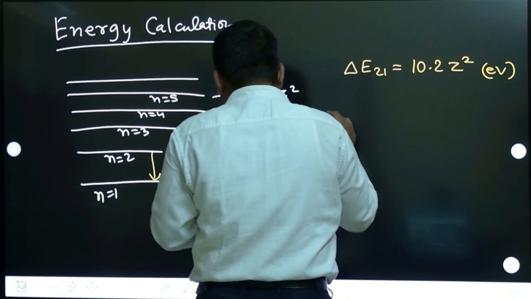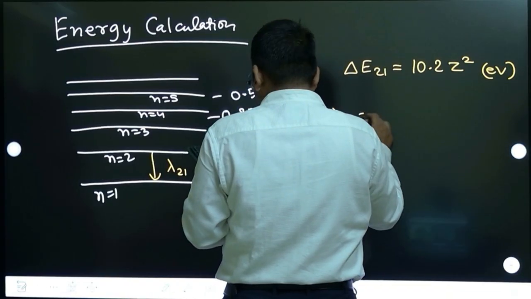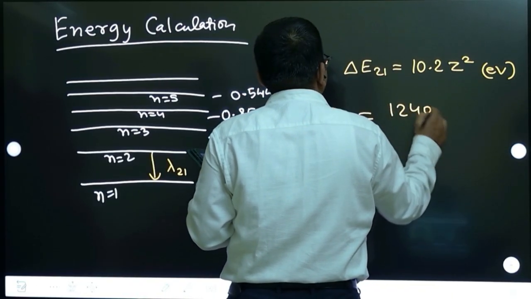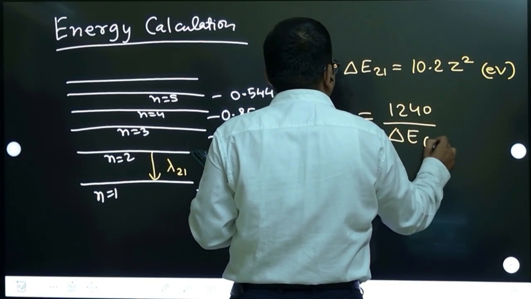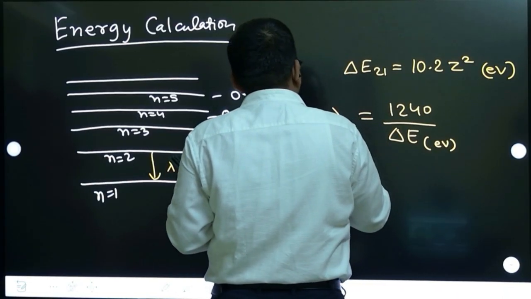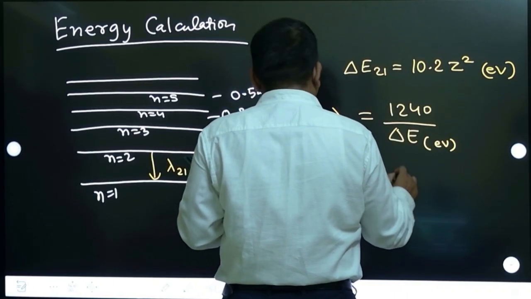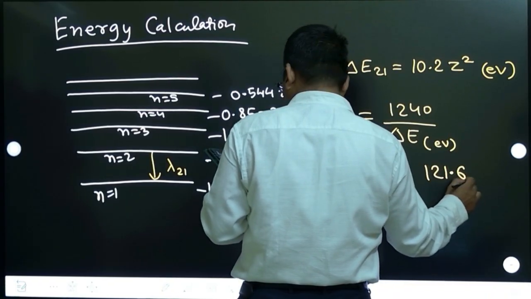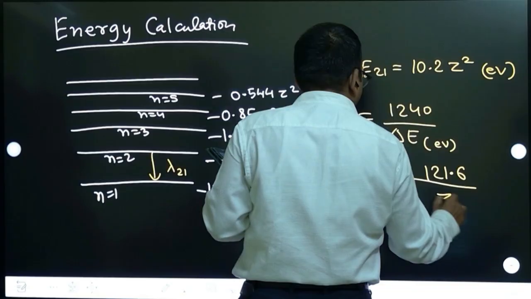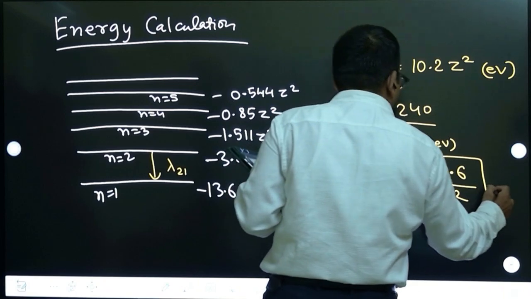When you calculate wavelength in nanometer, you put 1240 by delta E. This delta E is in electron volt, so you will get the answer in nanometers. If you do this substitution, lambda 2 to 1 approximately comes as 121.6 divided by Z square nanometers. This is a one-stroke solution for big problems.